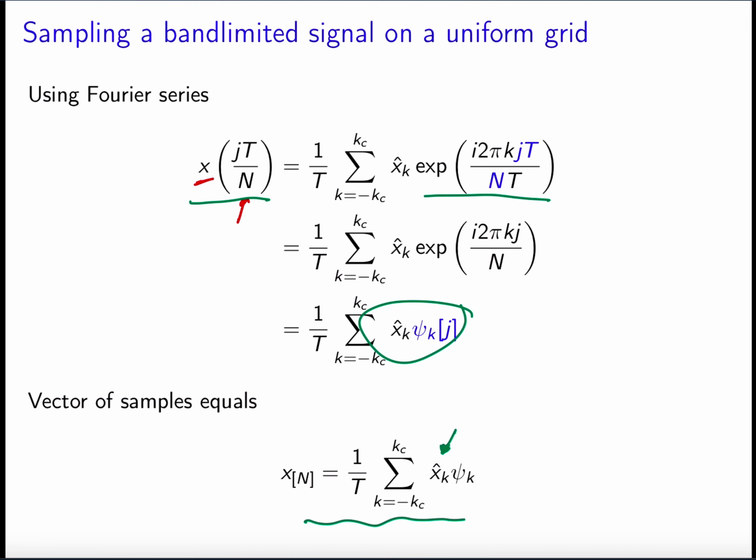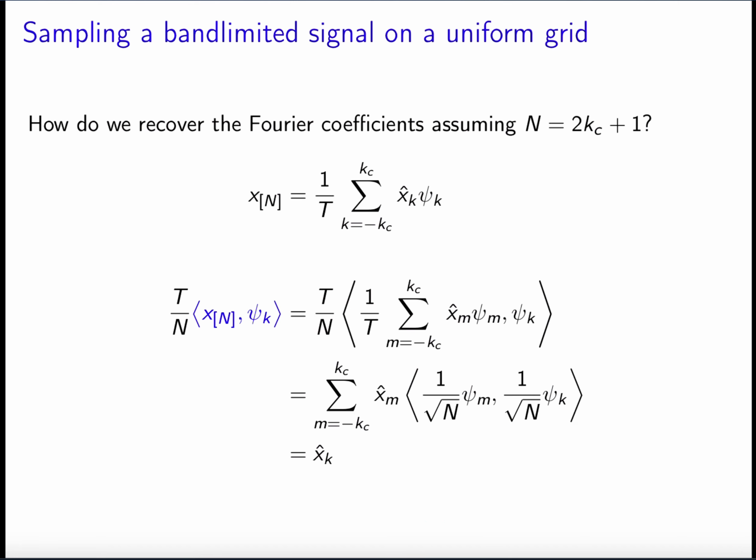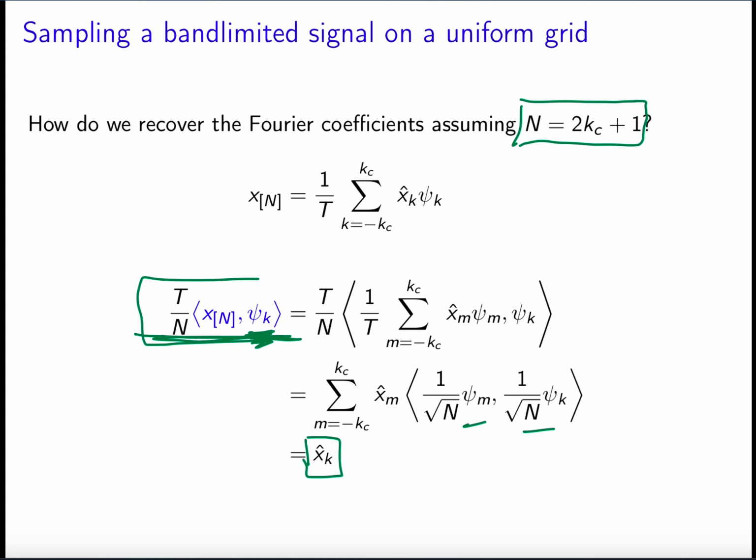As a result, when we take inner products with the discrete sinusoids, only one of those inner products is non-zero, because this is an orthogonal family of functions as long as we are respecting the sampling theorem, and we get the Fourier coefficient back. Notice that taking inner products with discrete sinusoids is just applying the DFT to the vector of samples.